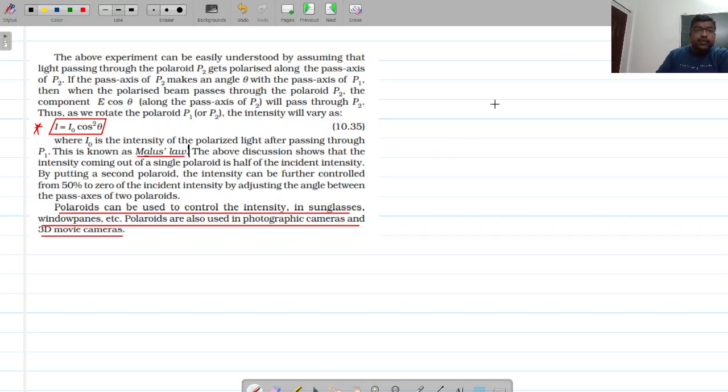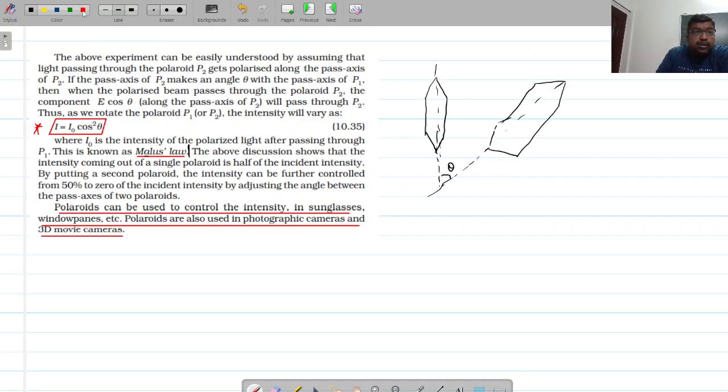Suppose you have a Polaroid, this is the pass axis, and then you have another Polaroid whose pass axis is this, and the angle between them is theta.